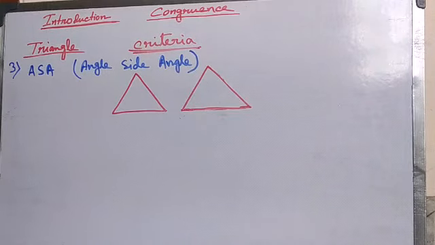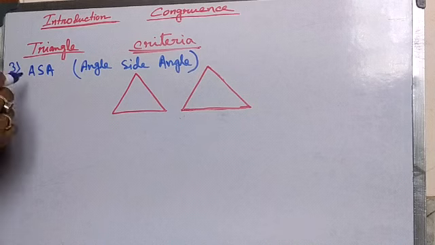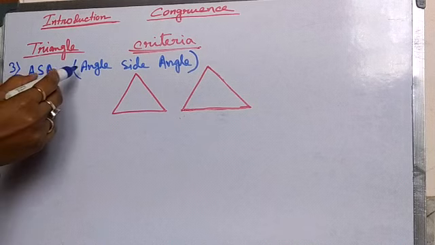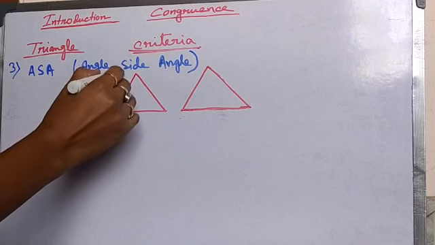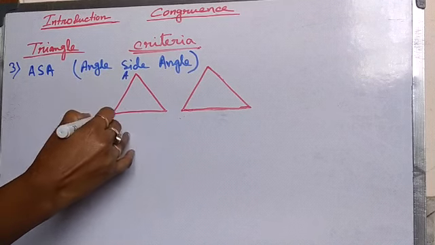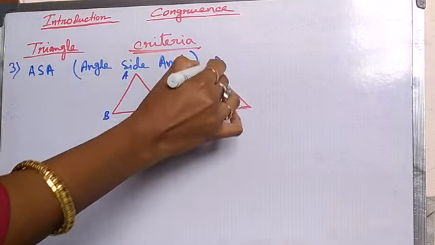Now the number 3 criterion is angle side angle, ASA. Two triangles I have taken here, ABC and DEF.